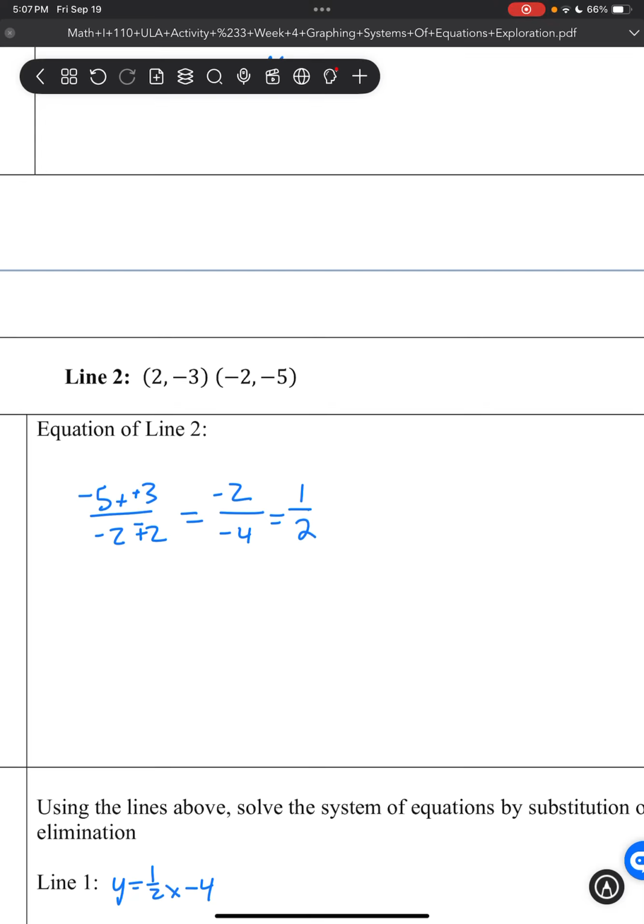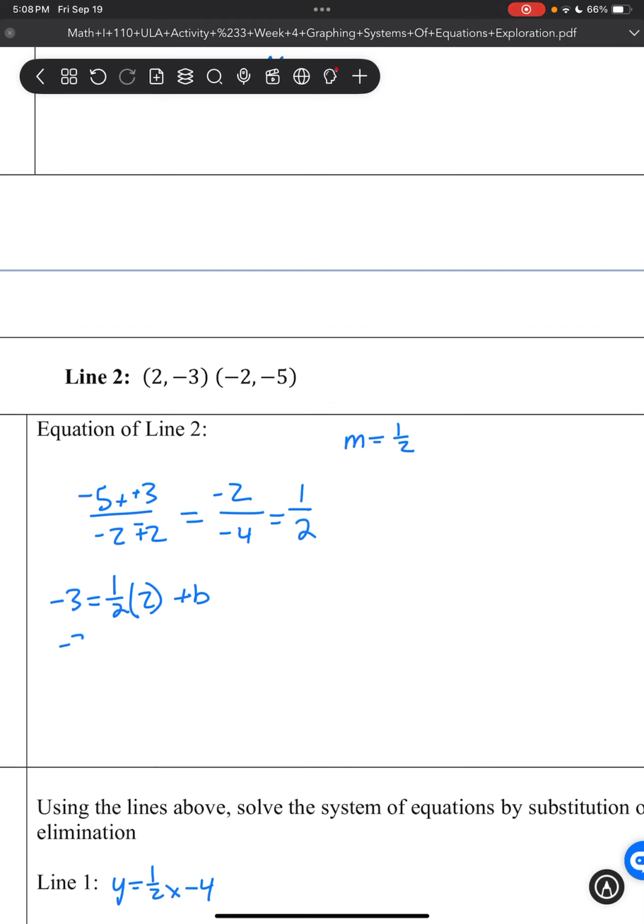Plugging that in, because we now have our slope is 1/2, we're going to find b, so we're going to plug in an x and y value. I'm just going to use 2 and -3. So we have y equaling -3, our slope of 1/2 times our x, 2, plus b.